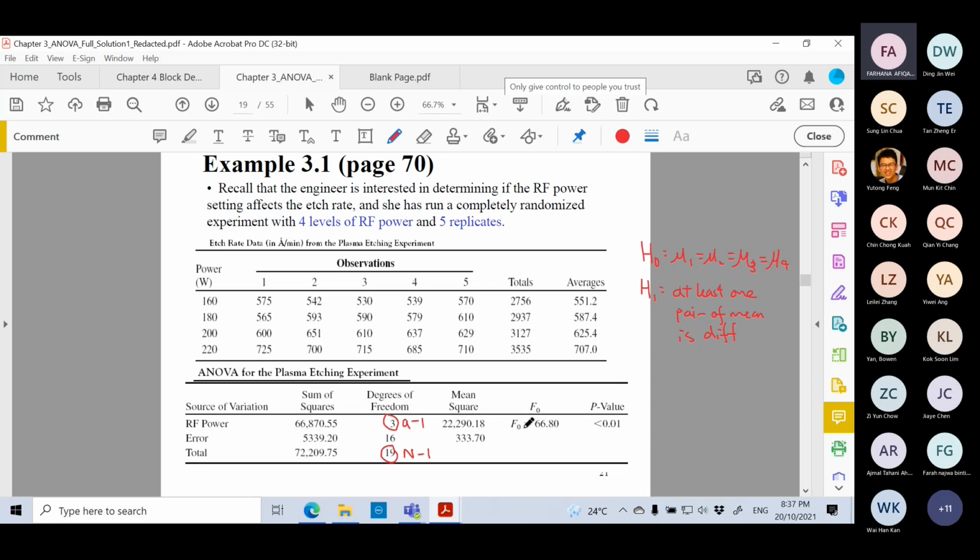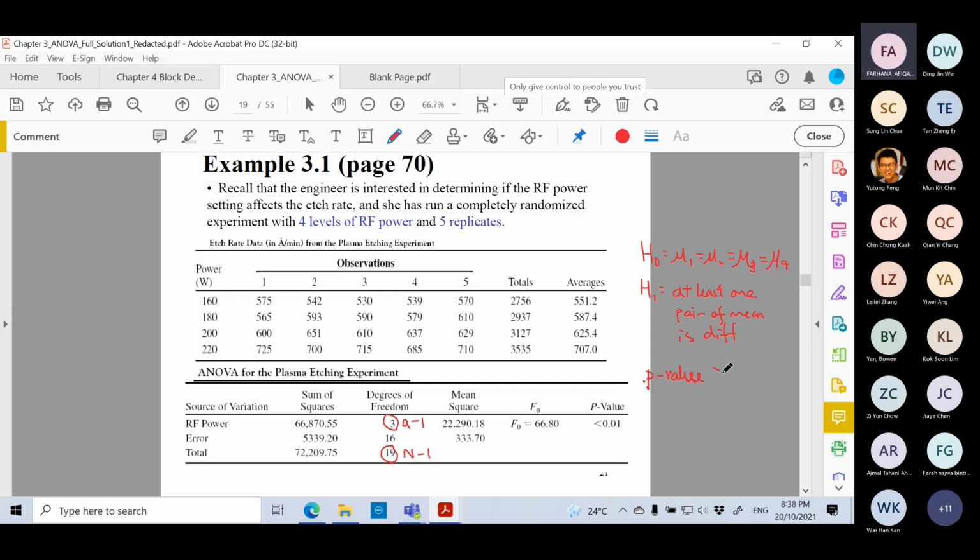So how do I use this to compare? I can use the F value to compare also. If I want to refer to that, then I need to refer to the F table to get the value for the border point. If I want to use another approach, I will use the p-value with the alpha.